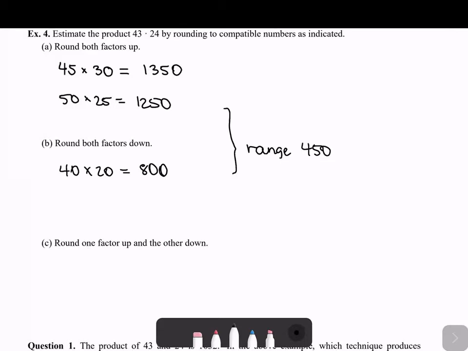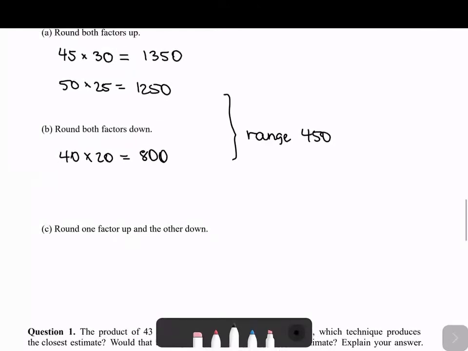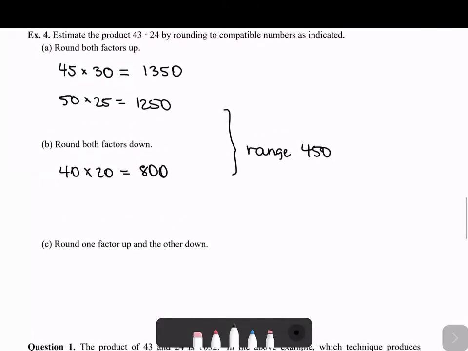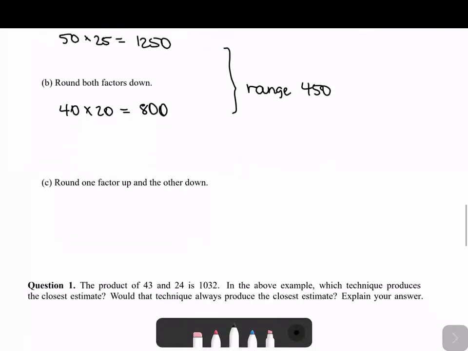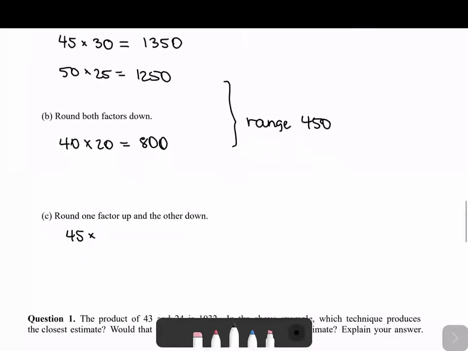So let's see what happens when we round one factor up and one factor down. So just like with rounding both factors up, we can kind of choose how we do this. So if we round 43 up to 45, and if we round 24 down to 20, we get 900.